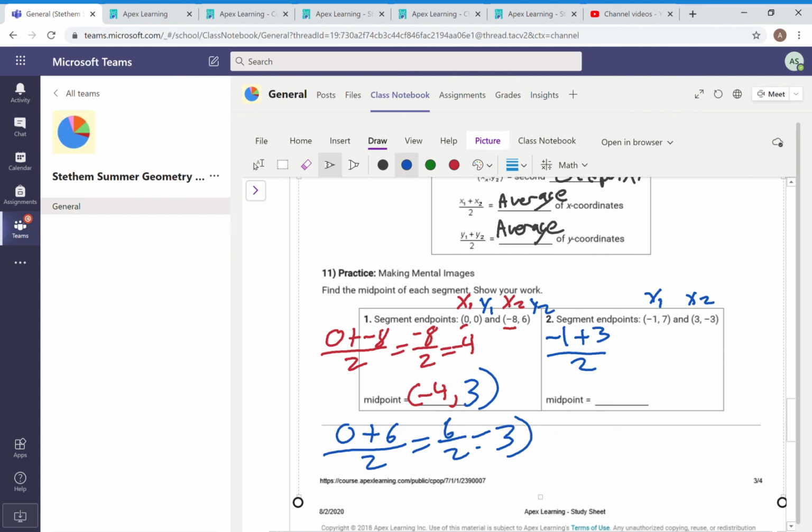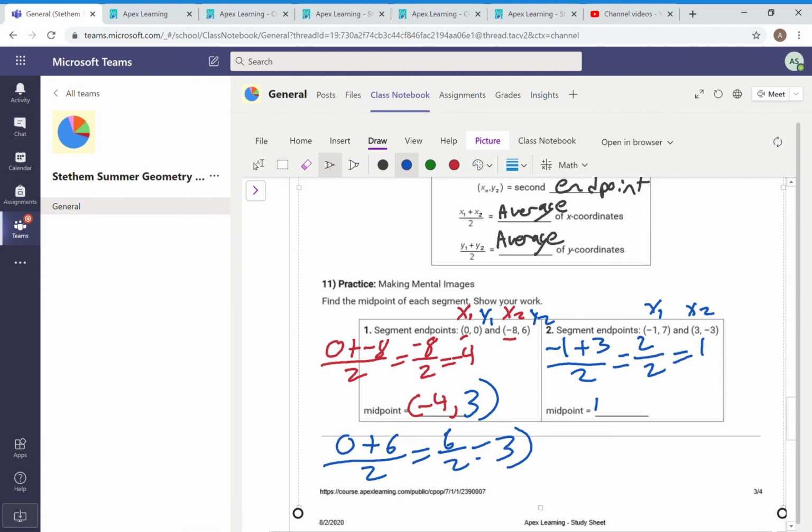Be careful, if you try to enter this all in at once with some calculators, like if you do -1 plus 3 divided by 2, it might read like just the 3 divided by 2. So make sure you do -1 plus 3, hit enter, then divide by 2, just to make sure the calculator doesn't read something wrong. But that should give me 2 over 2, which gives me a point of 1.